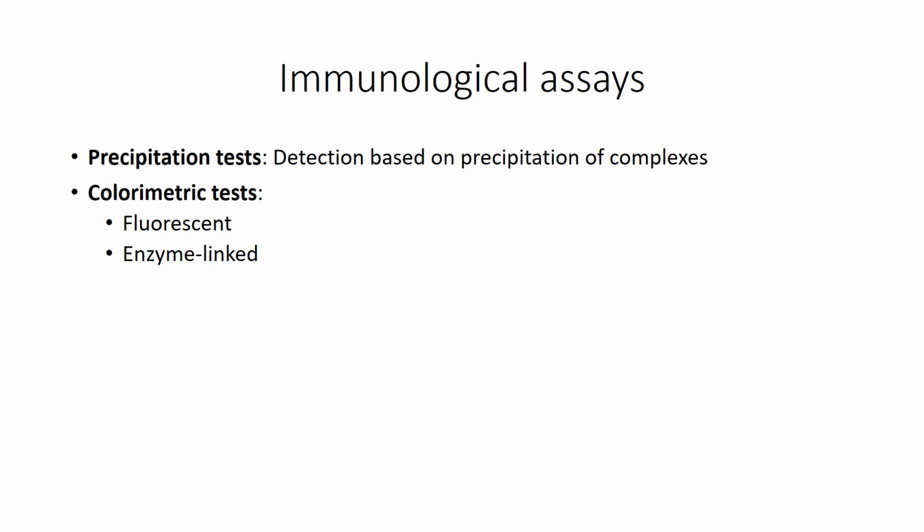Other tests are precipitation tests, which of course involve precipitation of complexes. It is used for soluble antigens or sometimes soluble antibodies as well. Once the antigen that's dissolved binds to an antibody, the antibody pulls it down, it precipitates at the bottom, the supernatant is thrown out, and the precipitate is measured for identifying the specific antigen.